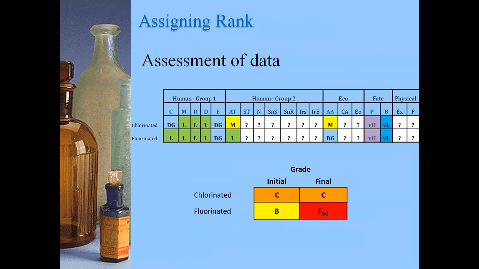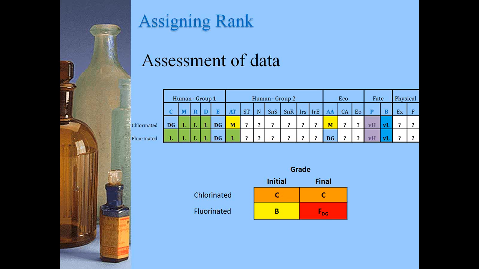Looking at this, though, and I'm not going to go into detail because it adds a level of complexity, in QCAT we also ding chemicals for data gaps, and there is a process for evaluating data gaps. The reason I use this chemical is that it shows that based on the data that we know, it looks like the chlorinated ones would have an initial grade of C, and the fluorinated would be an initial grade of B. But when you look at the data gaps, there are very important data gaps in the fluorinated compound.